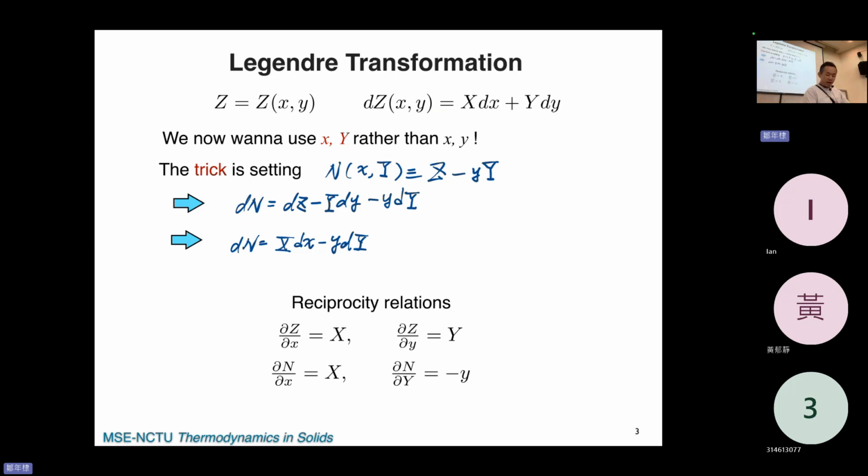Previously we changed two variables, now we change one. It is very easy: we only need to subtract the one we want to swap. This is just a continuation; you subtract the variable you want to swap and get the same effect.